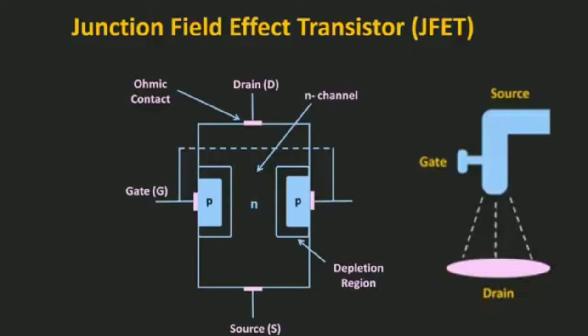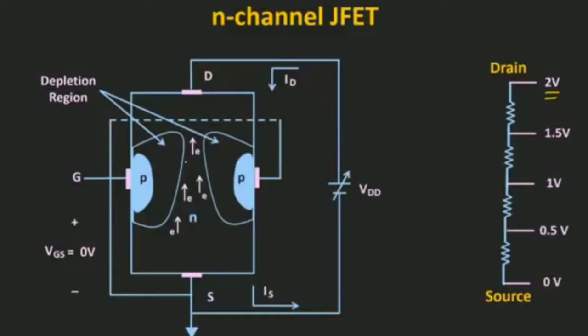As you can see, the source terminal is connected down and both the gate terminals are connected together. In this N-channel JFET, the voltage between the drain and source is positive. Let's say this voltage VDD is applied between the drain and the source terminal. So this voltage VDS should be positive, that means the drain terminal should be more positive than the source terminal.